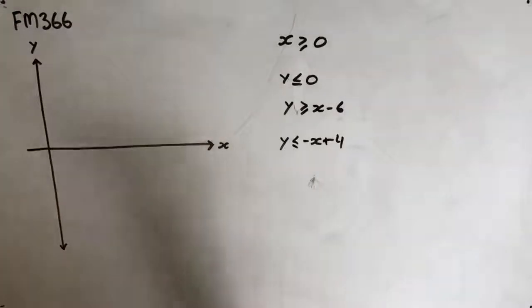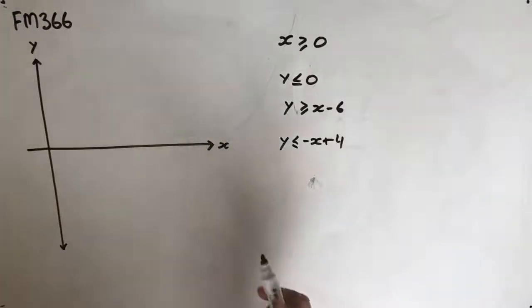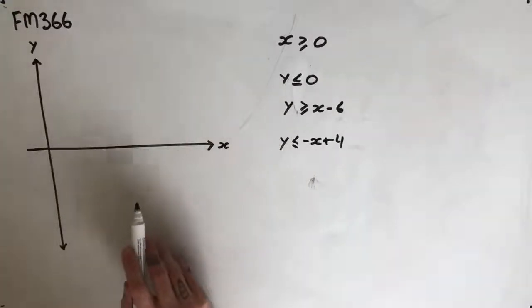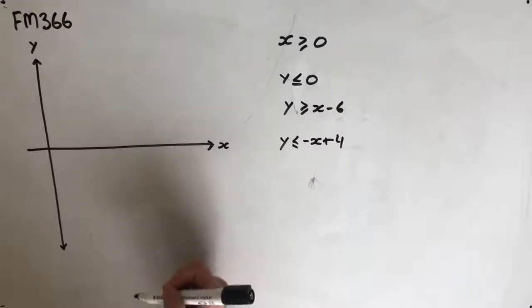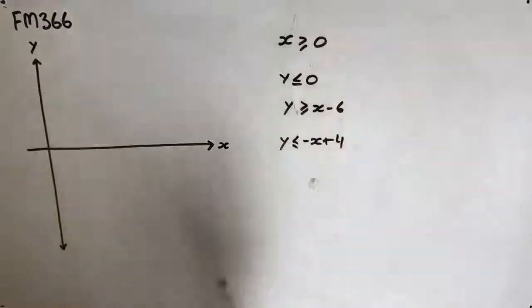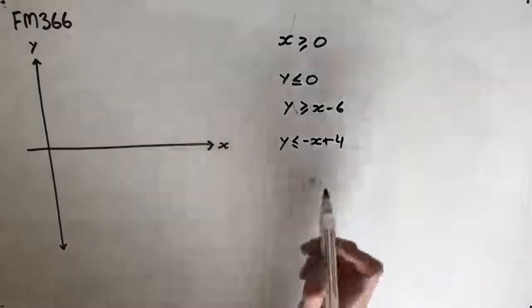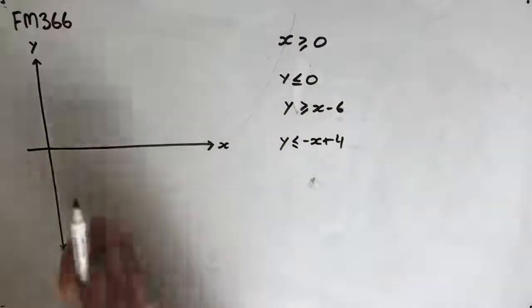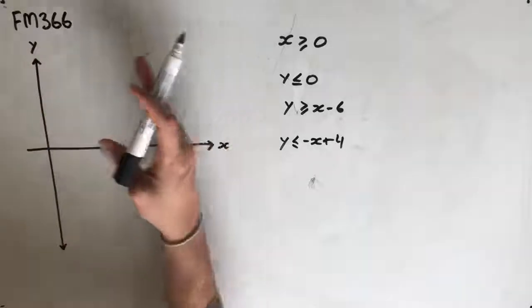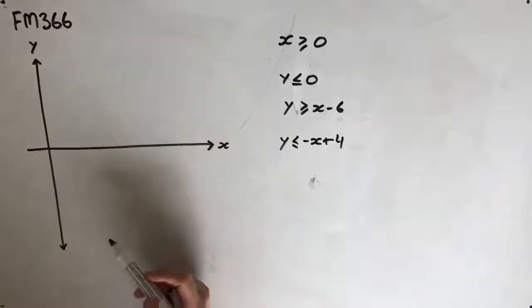graphs. So doing that, we should end up with a set of axes, and we want to start going about putting these inequalities in as functions on those axes. So what you'll notice is that when you put in x is greater than 0, that means that we're including everything on the right-hand side of the y-axis.